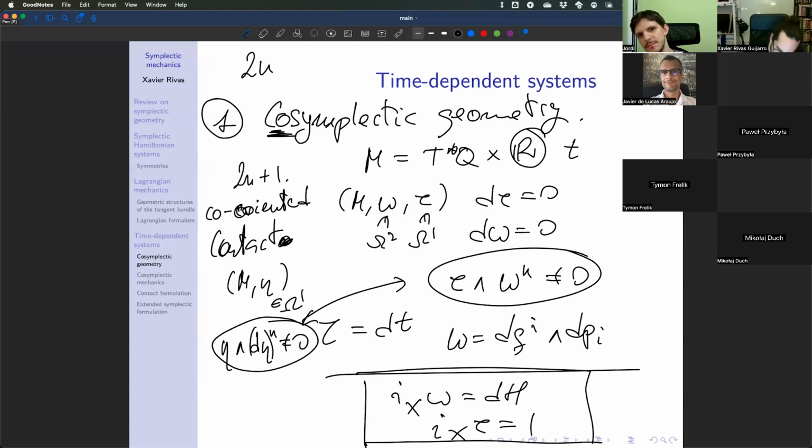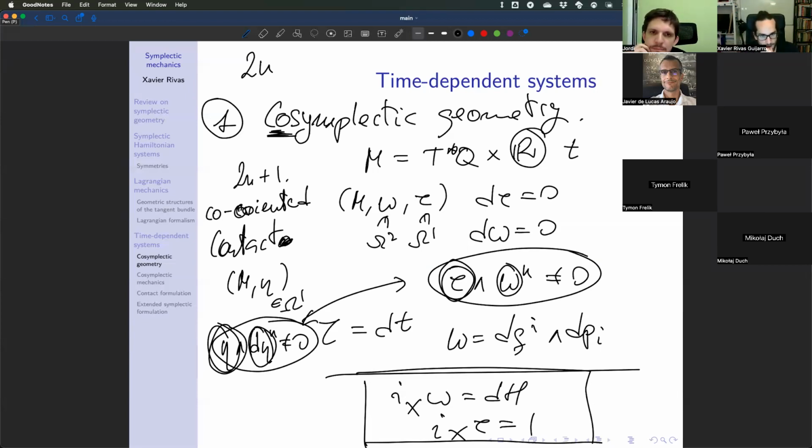Even if you say that this omega is this theta here, well, this is not possible, because here the tau cannot be the eta, because this tau is closed and this eta is not closed. So they are not exactly the same. They are both odd dimensional, but they are not equivalent in any way.